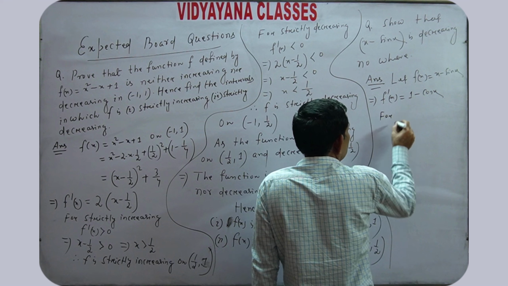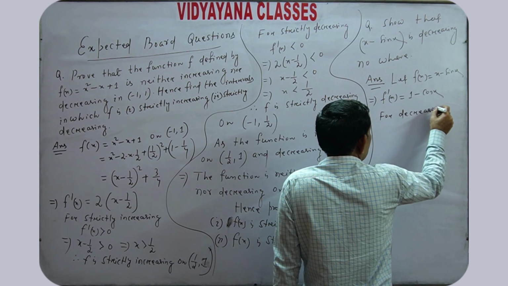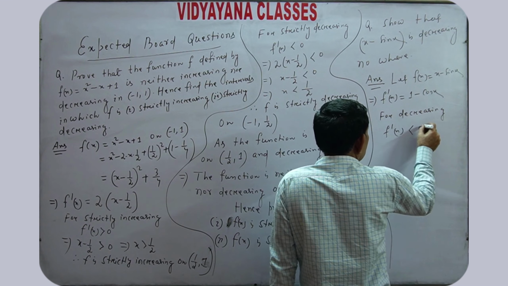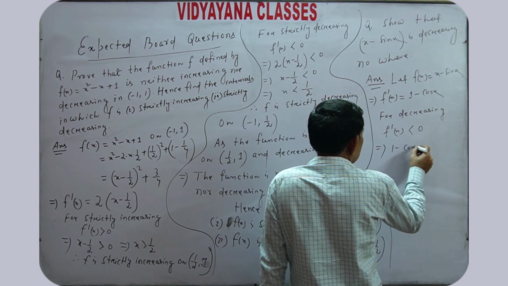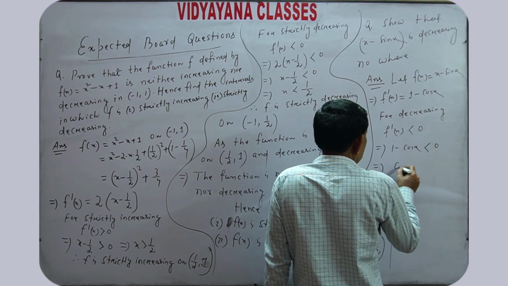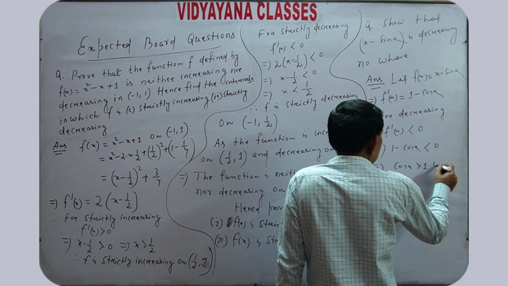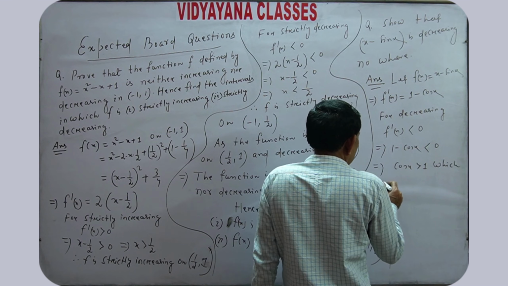For decreasing, f'(x) < 0, which implies 1 − cos x < 0, which implies cos x > 1, which is impossible.